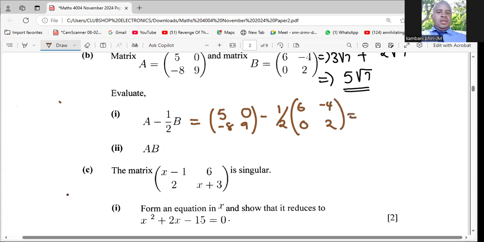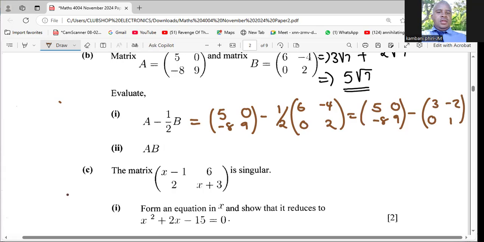Okay? So what can we do? We can maintain the 5, 0, negative 8, 9. Then we say minus. Then we take the scalar inside, we multiply. So half of 6, 3. Half of negative 4, negative 2. Half of 0 is 0. Half of 2 is 1.